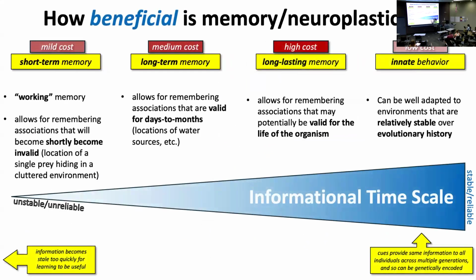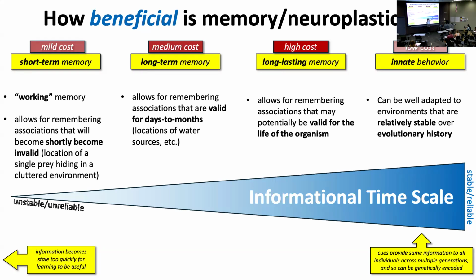So this is the slide about those memory things, that you've got things that work on the shortest time scale, like short-term memory. If there are things in the environment that change frequently, but you need to know them for a little amount of time, that's good for short-term memory. As things get more stable in the environment, you can commit them to long-term memory, but that becomes more costly to maintain.